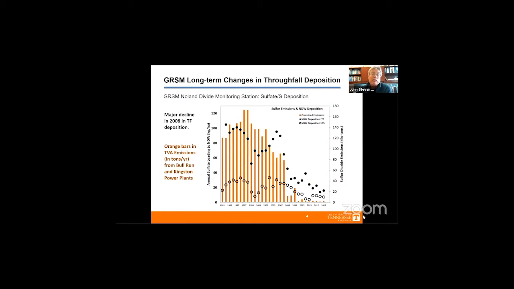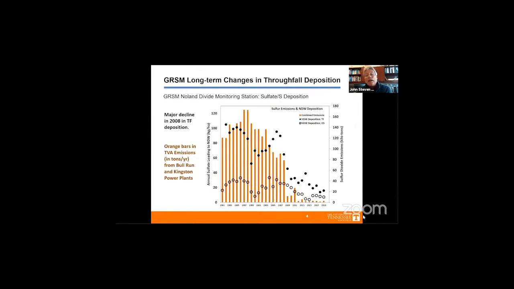Out of interest, we also summarized the local coal-fired plants within 100 miles of the Great Smoky Mountains National Park to the west, and looked at tons per year of emissions. What was pretty remarkable about that plot was that the orange bars in the bar graphs correlated pretty well with the drop in emissions from those power plants and what we were observing in the park.